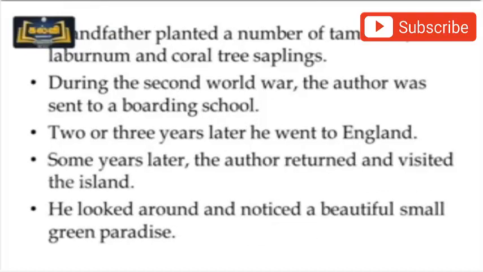Grandfather planted a number of tamarind, laburnum and coral tree saplings. During the Second World War, the author was sent to a boarding school. 2 or 3 years later, he went to England. Some years later, the author returned and visited the island. He looked around and noticed a beautiful small green paradise.